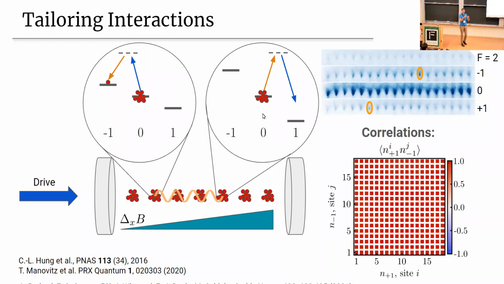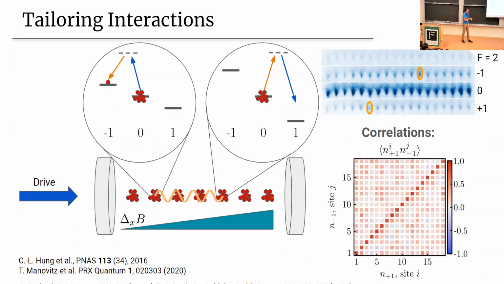So this 4-photon process is then just resonant with atoms from the same ensemble. So you just get on-site interactions.